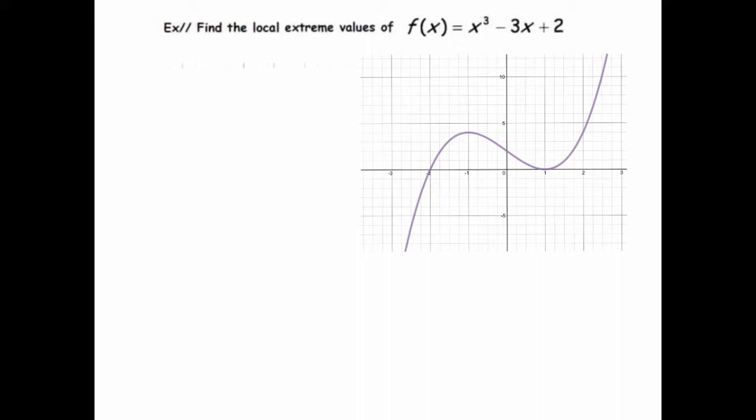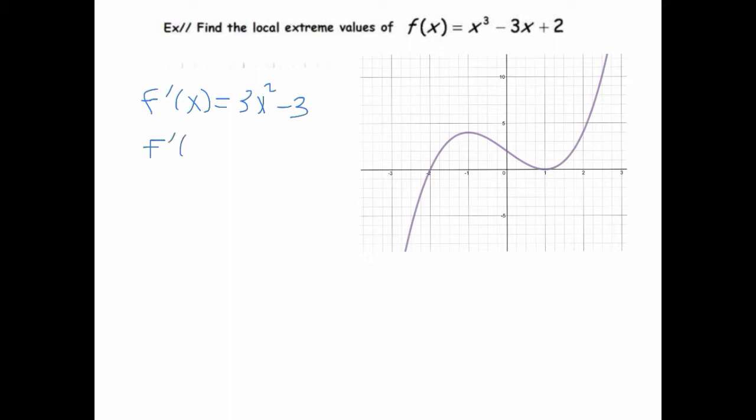So you can see the advantage of using the second derivative test in an example like this. Let's do it two ways. Let's first use the first derivatives test, and then we'll see how much easier it would have been maybe to use the second derivatives test. So I've got f of x, f prime is going to be 3x squared minus 3.